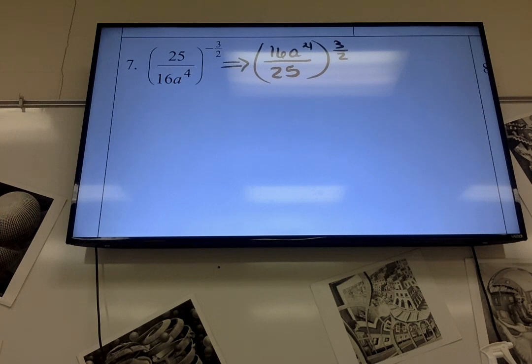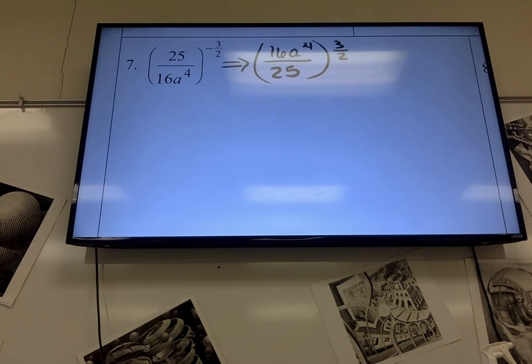Notice I don't flip the exponent. A lot of people try to do that. You flip what's inside the parentheses. I don't flip the 3 over 2. The negative just means I flip what's inside.